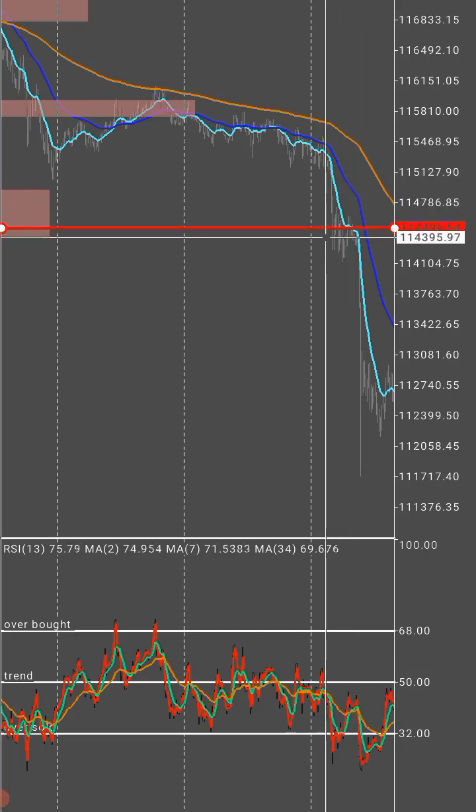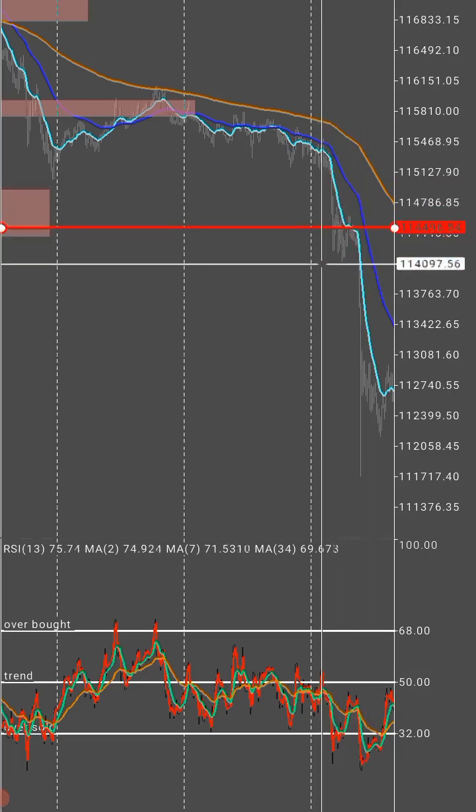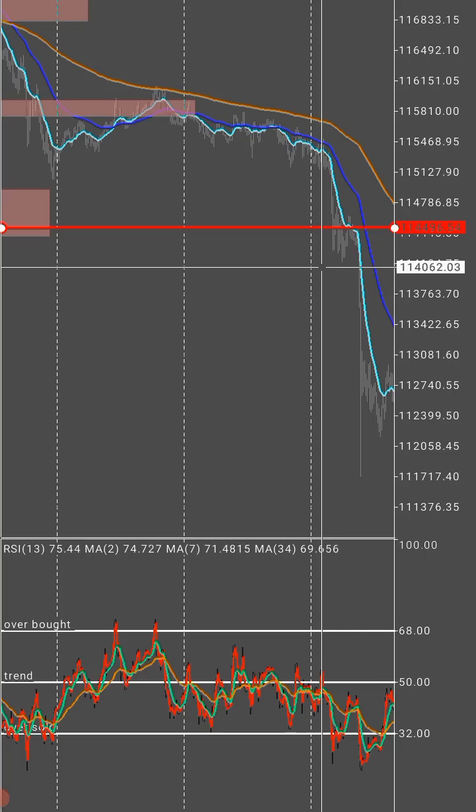Now, this consolidation is an opportunity, if you have not entered the market, for you to enter the market and take advantage to make profit. That is why the consolidation is there.